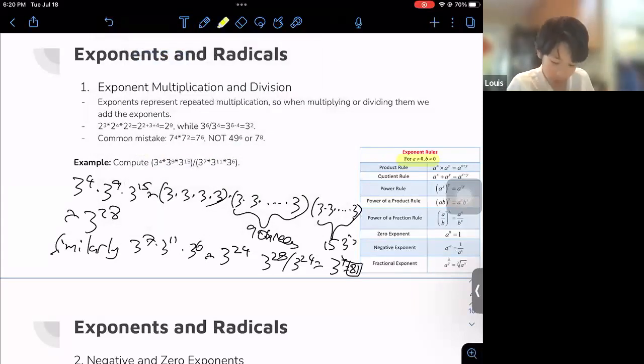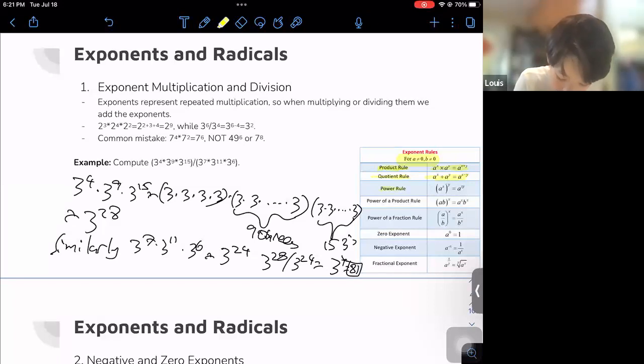The product rule: A to the x times A to the y equals A to the x plus y. And the quotient rule: A to the x over A to the y is equal to A to the x minus y.